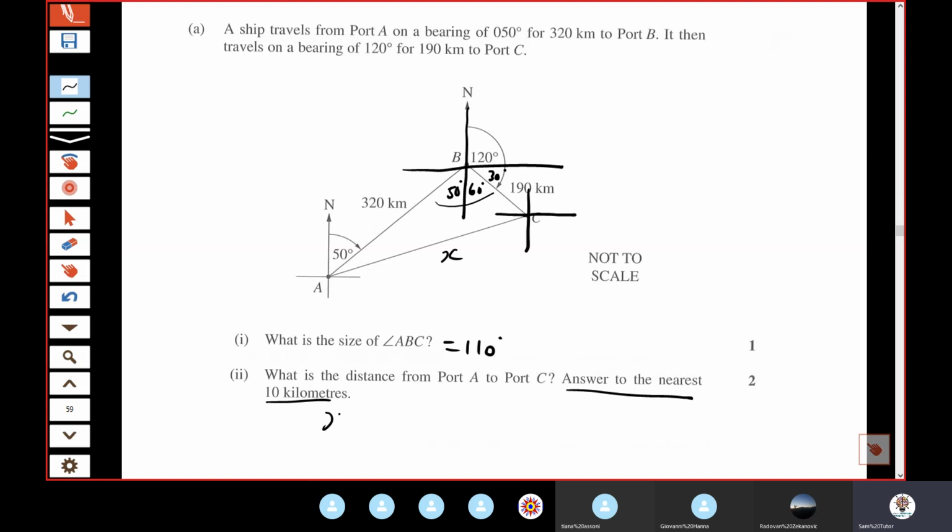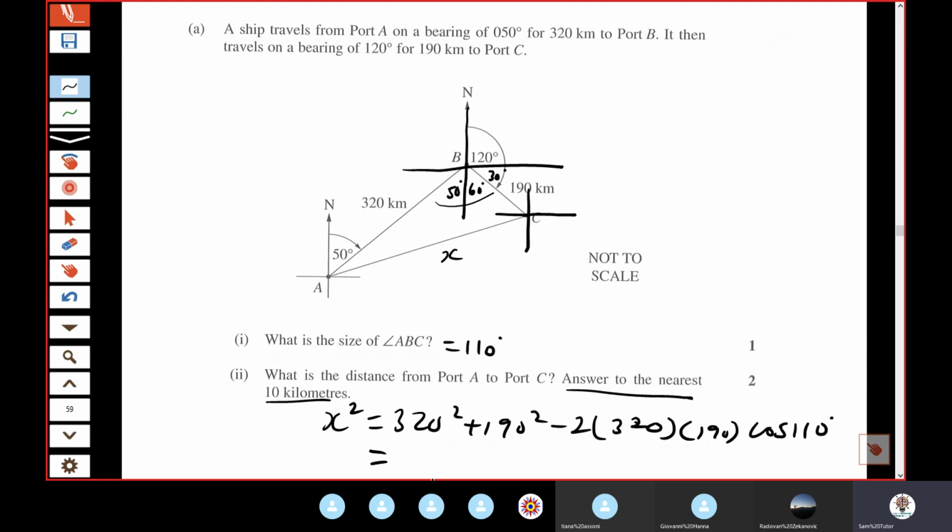Make sure you get that bit out. x squared equals ... cos 110. And don't forget to square root it, of course, to find x.